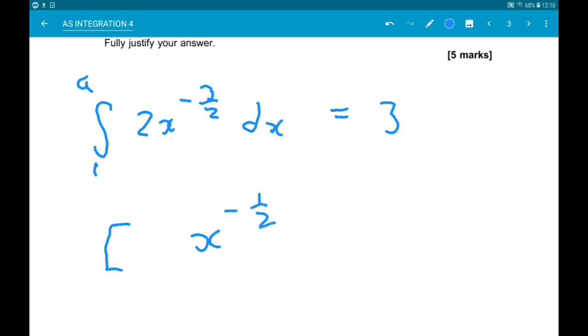And then we divide by the new power. So 2 divided by minus 1 half is minus 4. So we have minus 4x to the minus 1 half between 1 and a.